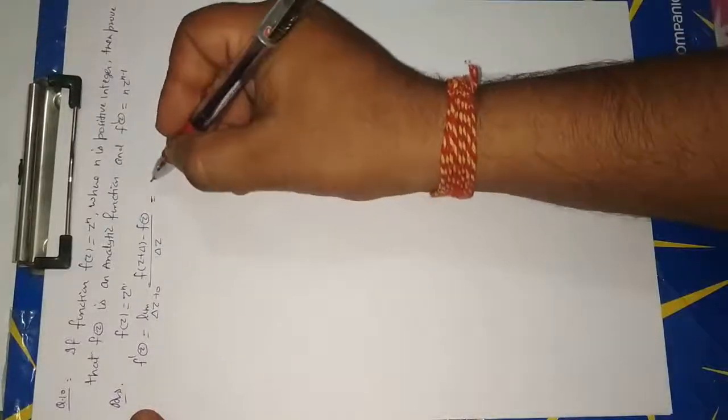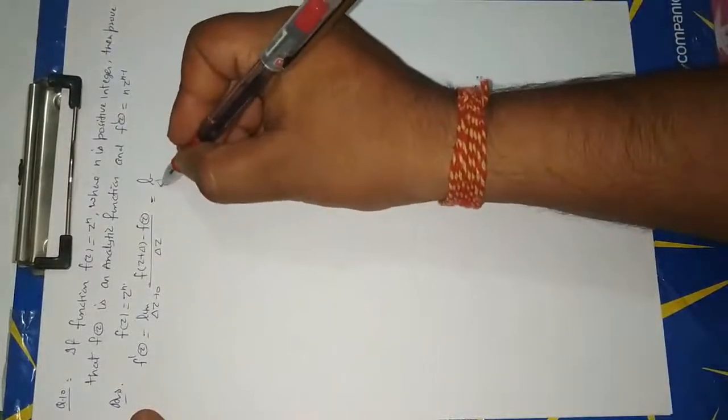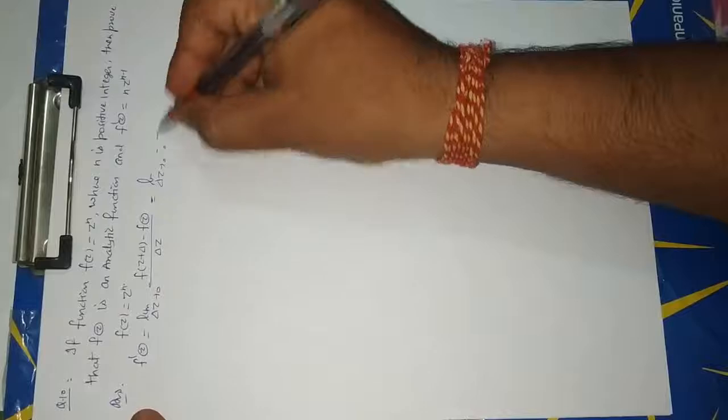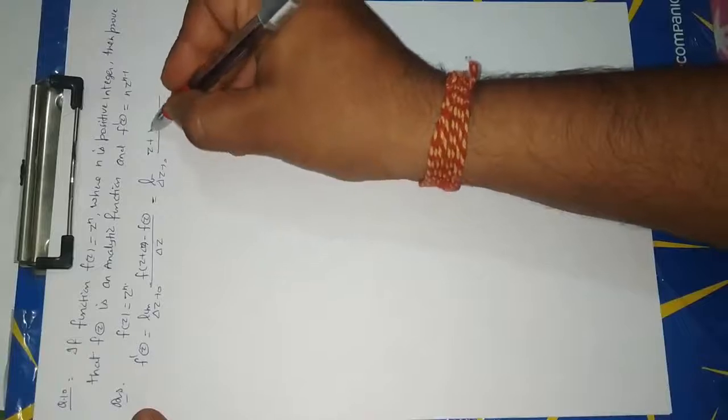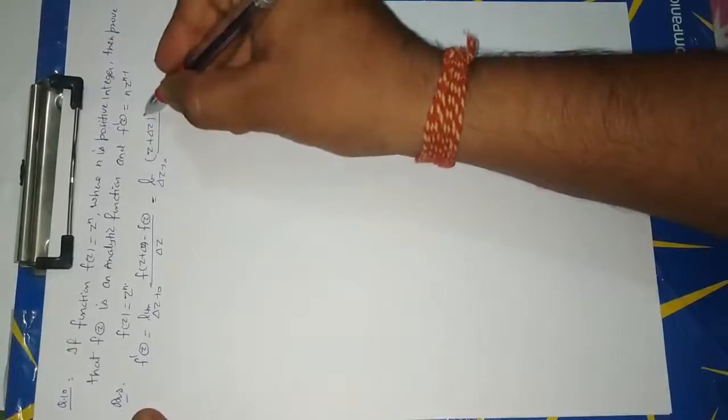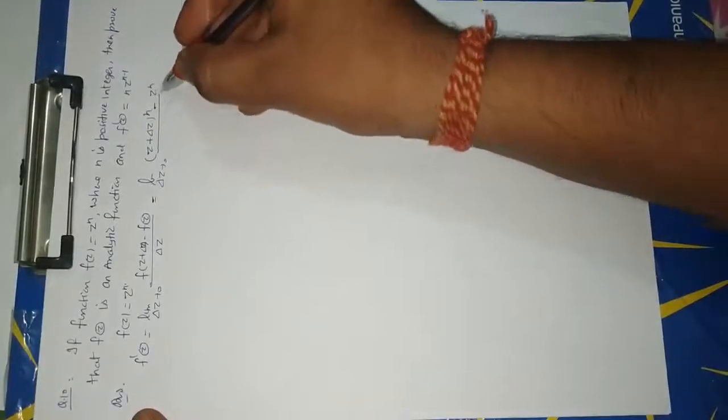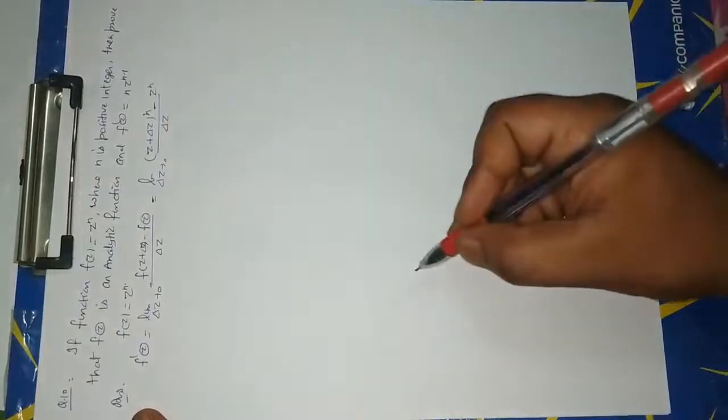Now putting the value of f(z plus delta z): (z plus delta z) whole power n minus z to the power n upon delta z.